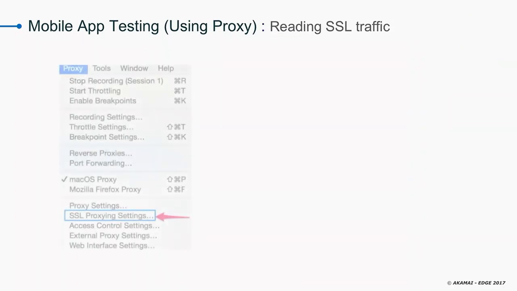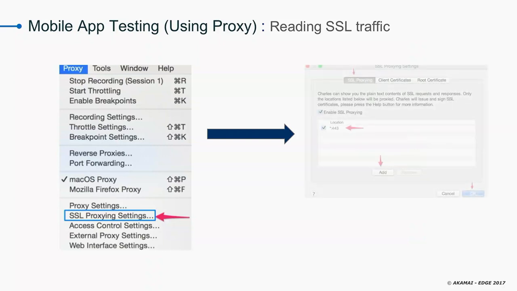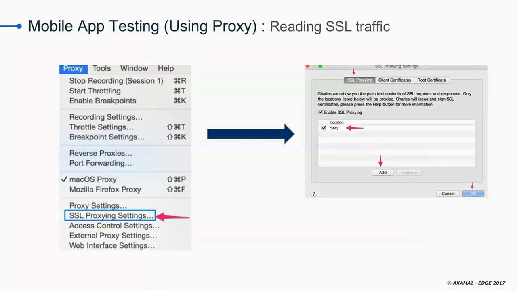You can also read SSL traffic. All you need to do is enable the SSL proxying settings. Charles helps you do this in a very simple manner, and you need to enable traffic on port 443. The other thing you need to do is make sure the mobile device you're using to test has the Charles certificate, because Charles is in the middle, so Charles will be doing the SSL termination.